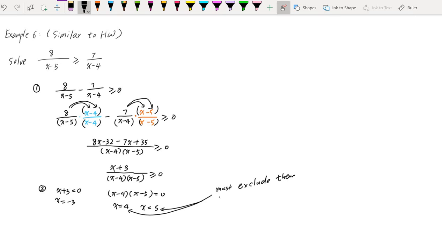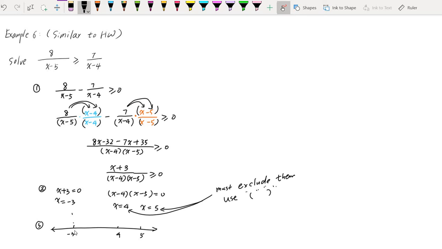Basically what we're saying is, whatever solution we get, we must use a parenthesis on either side for these. We can't use a bracket. Okay, step 3, we're going to write this on the number line. We have negative 3, we have 4, and we have 5.